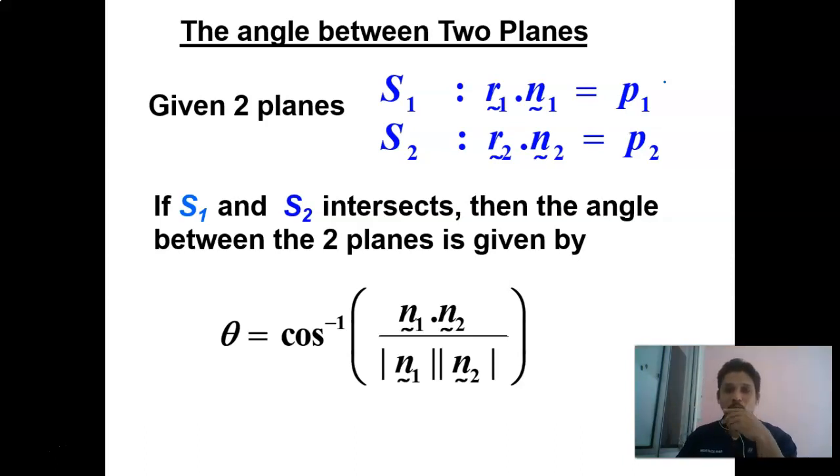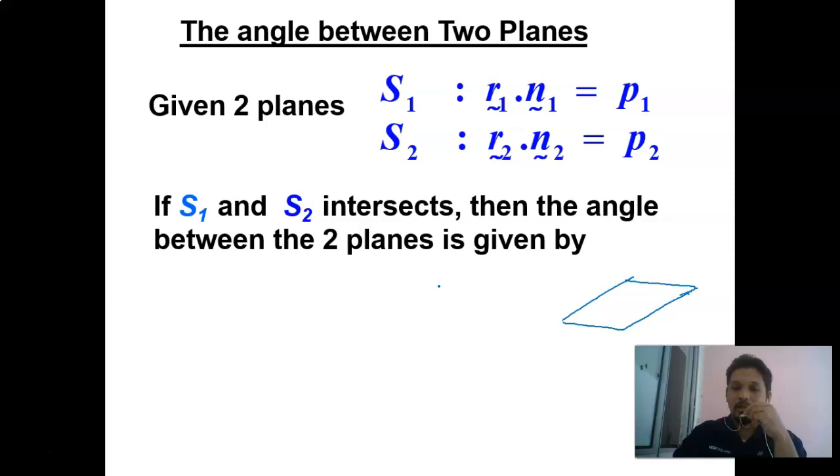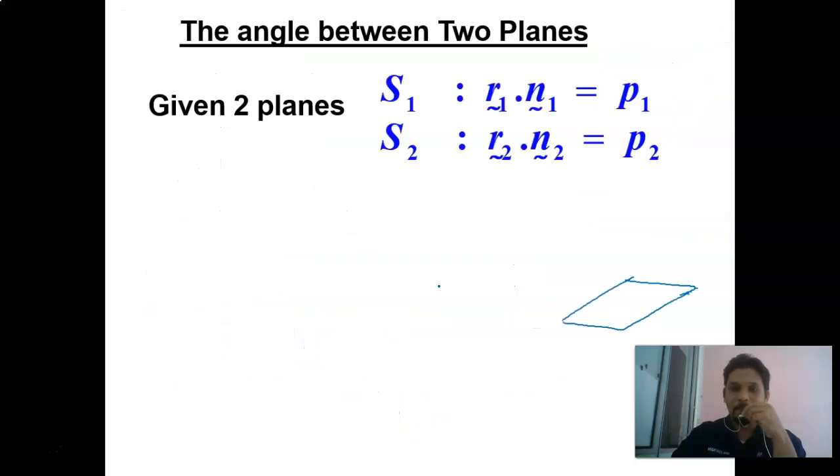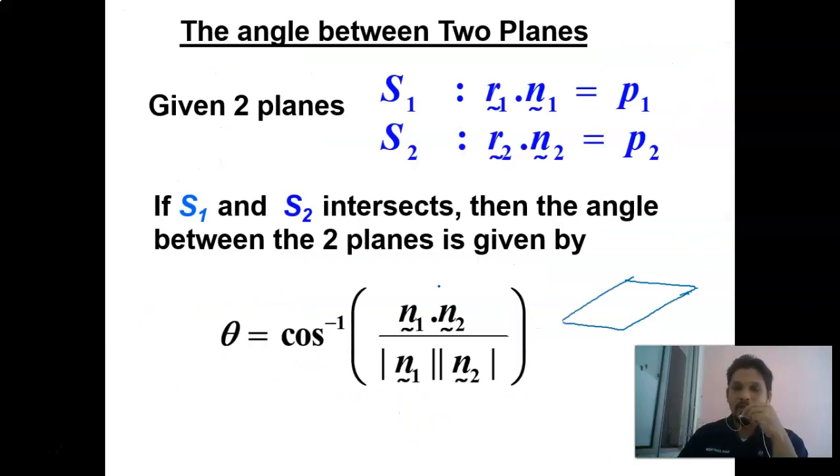Then the angle between two planes is given by, now class, the equation of a plane is r dot n equals A dot n. We have the normal, so there is a normal for this plane.